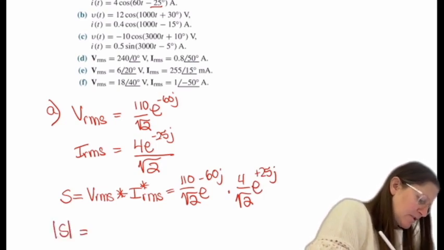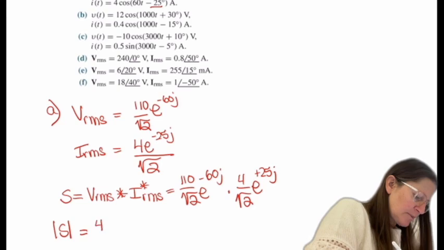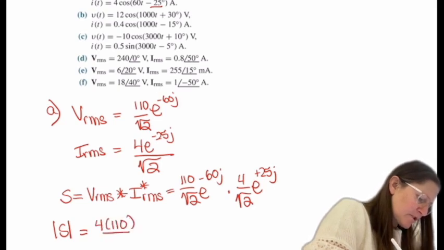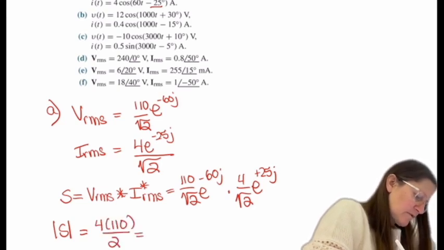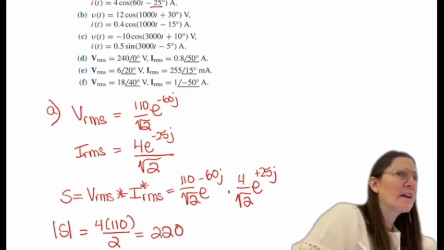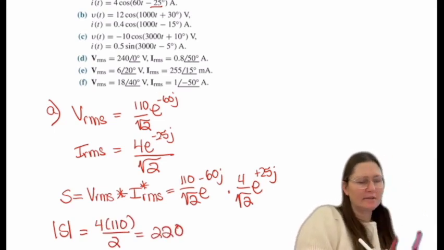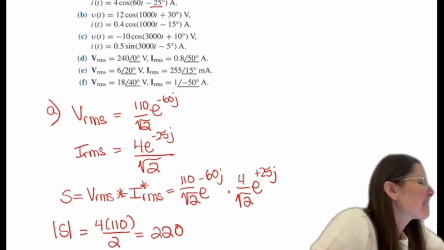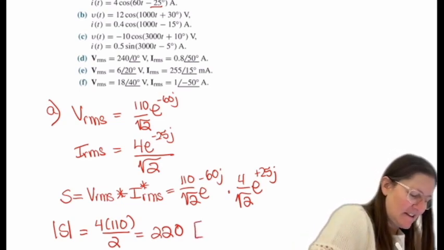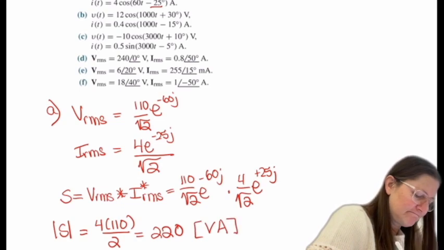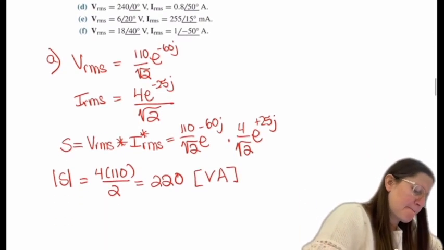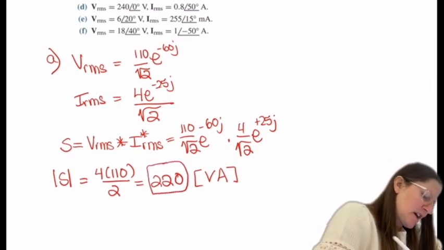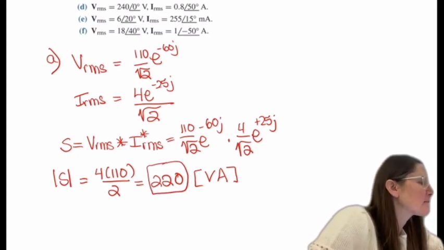And the magnitude of that is going to be 4 times 110 over 2. So 220. And what was the units for S? It's not watts. Volt ampere. So that will be your S.